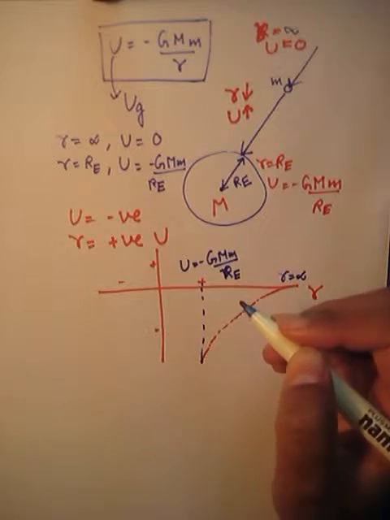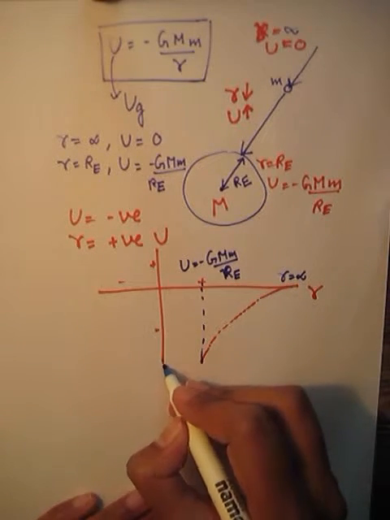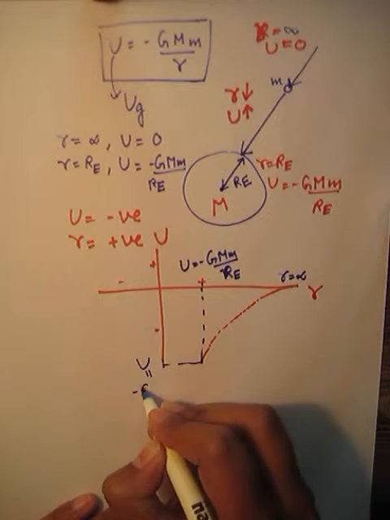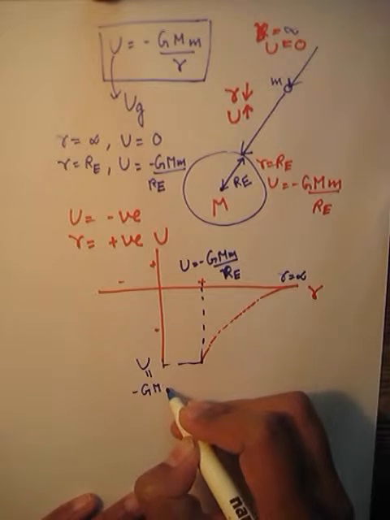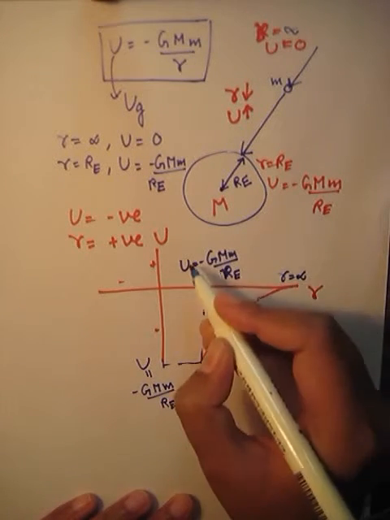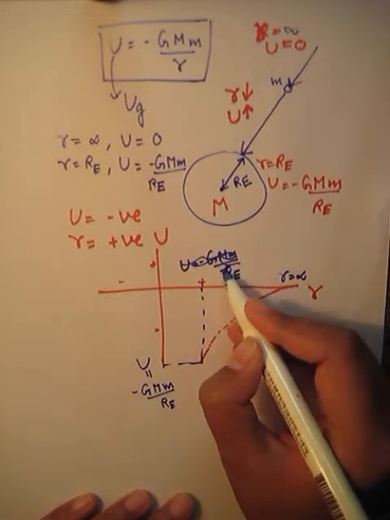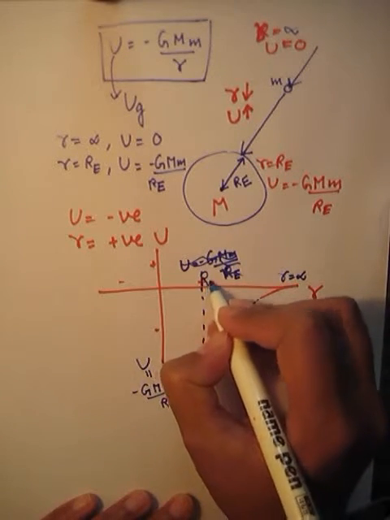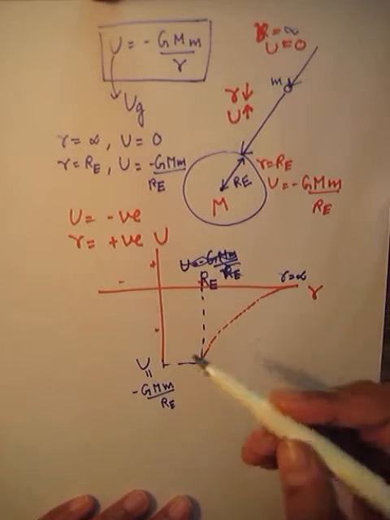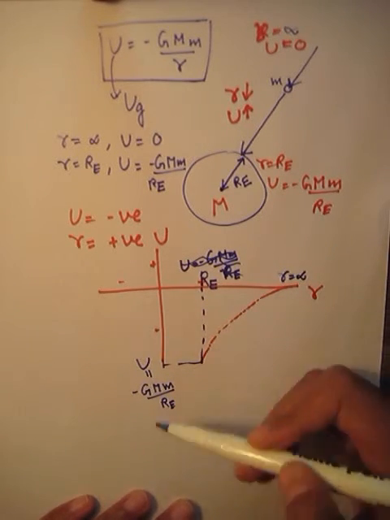So this is how this graph will look. Along this axis we have radius and along this axis we have potential energy, so here the radius will be RE.